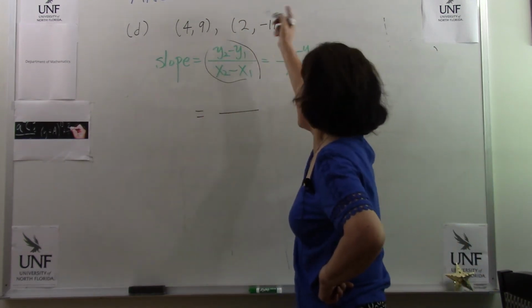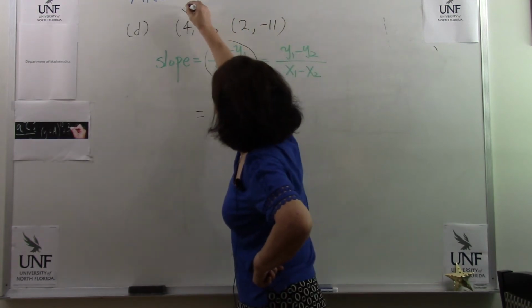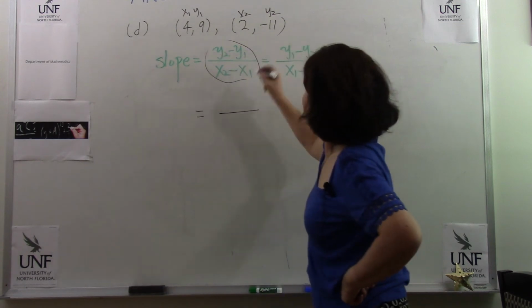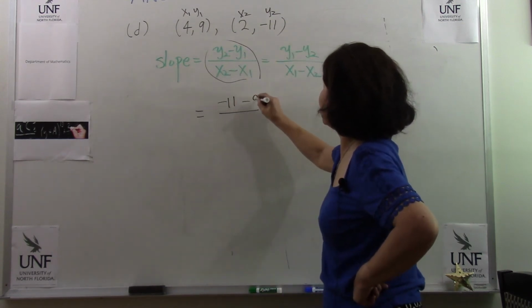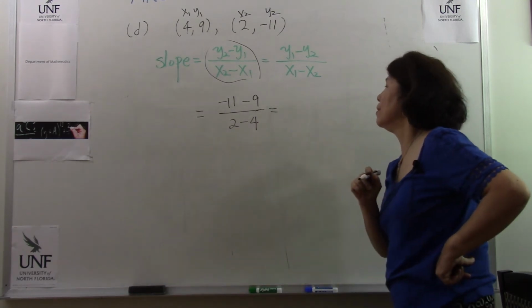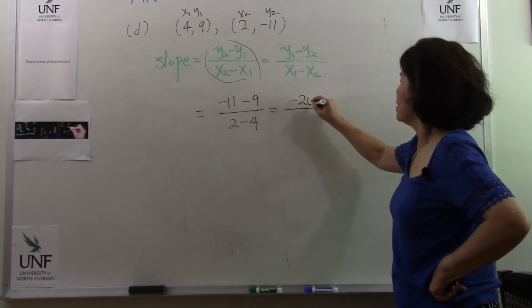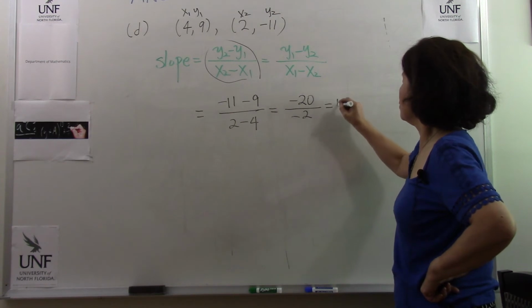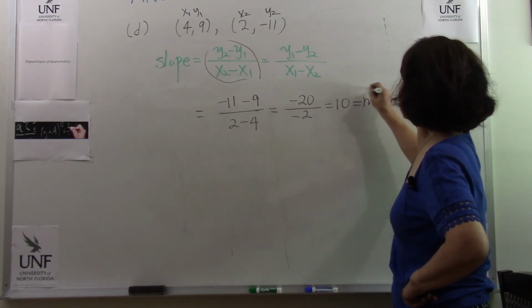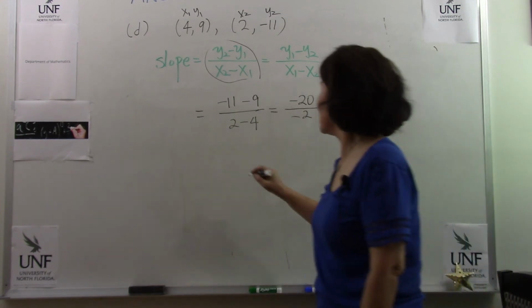Which one is which doesn't matter. So x1, y1, x2, y2. So let's see, -11 subtract 9, 2 subtract 4. So that gives you -20 over -2, which is a +10. Well, the slope turns out to be +10, so halfway done.